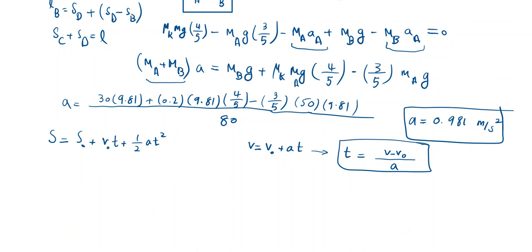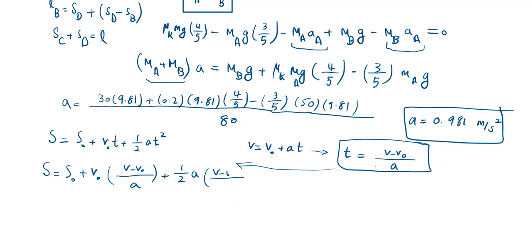If I sub this into the formula, I would get s is equal to s naught plus v naught times (v minus v naught over a), plus half a times (v minus v naught) squared over a squared.